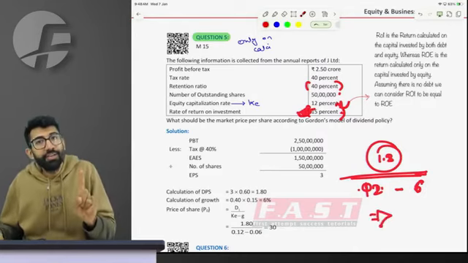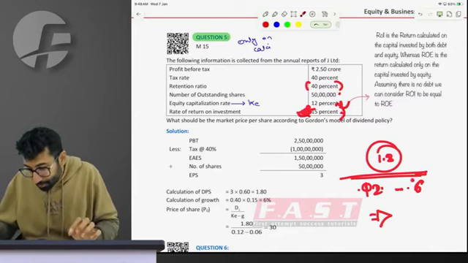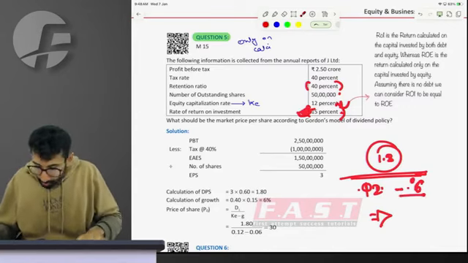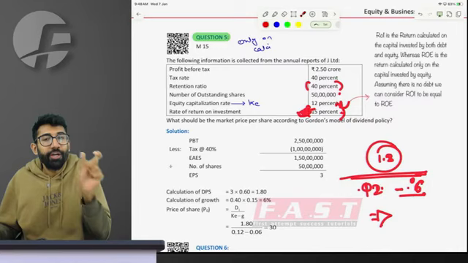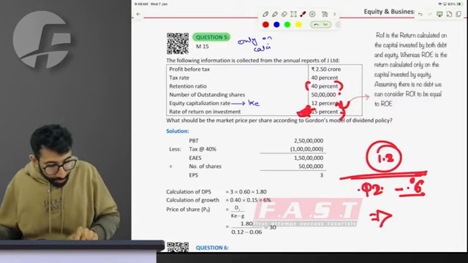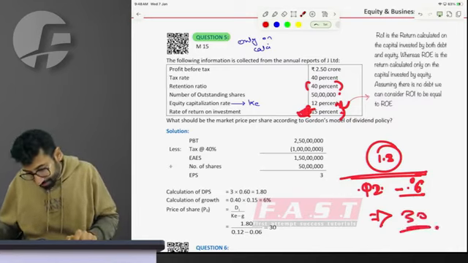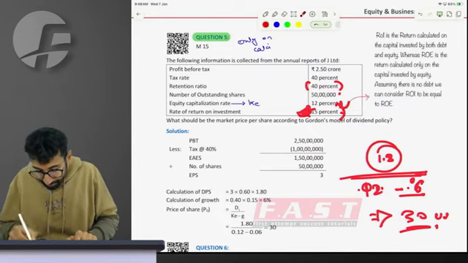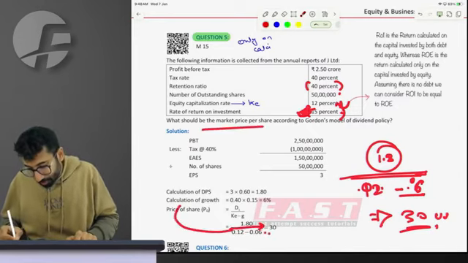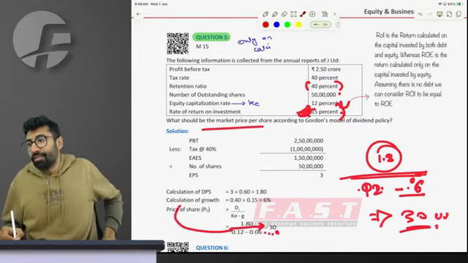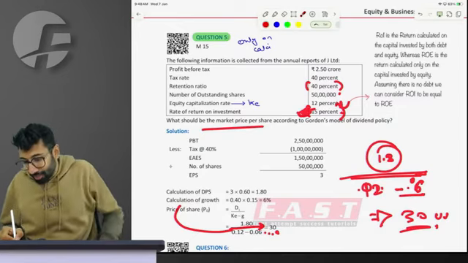So 1.8 divided by 0.12 minus 0.06, that is 0.06, gives 30 rupees as the value of the share, the market price as per Gordon's model. Yes, this is how we do it.